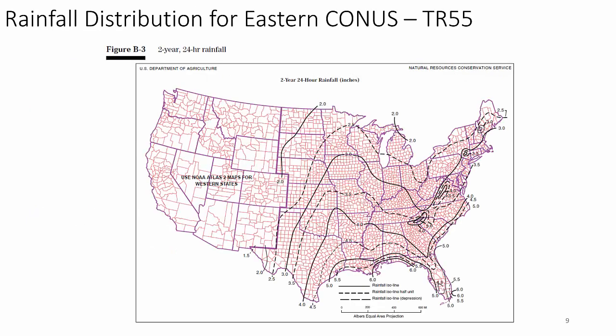We know that rainfall is not uniformly distributed across the United States. Here we're looking at the TR-55 rainfall charts, which you're going to become very familiar with next week as we talk about precipitation. They show the impact of mountain ranges, and you should be able to tell me what kind of storm events those mountain ranges cause when we talk about these next week, in a quiz or an exam.